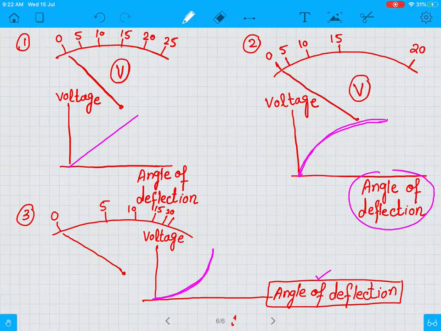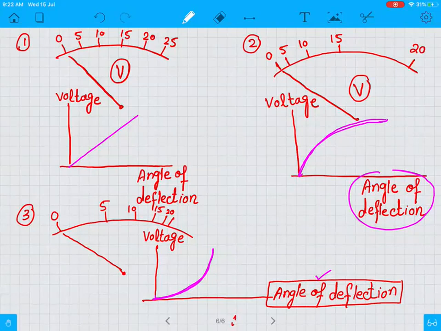The same concept will apply to all the other analog meters. It could be the analog speedometer of a vehicle, in which the speed of the vehicle will be the actual quantity and the angle of deflection will be the apparent quantity. Same is for an analog ammeter: the current will be the actual quantity and the angle of deflection will be the apparent quantity.